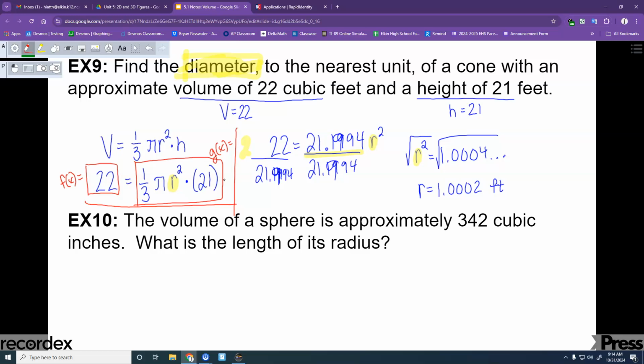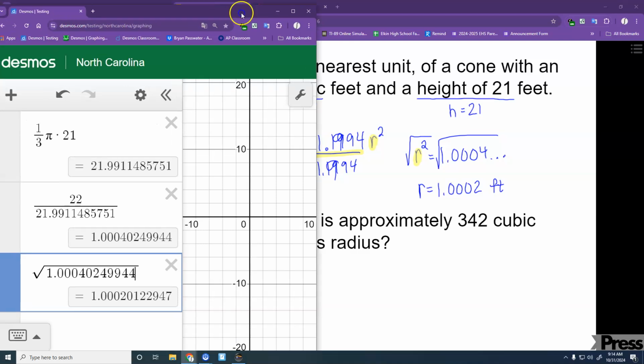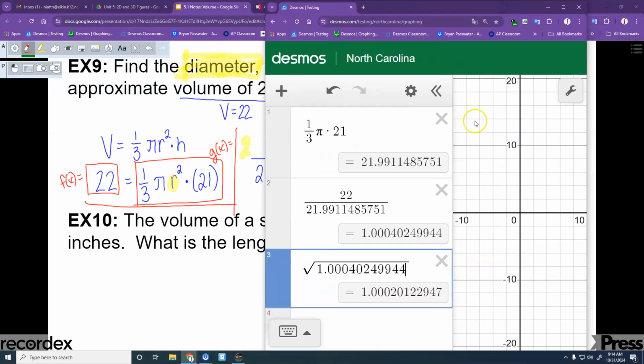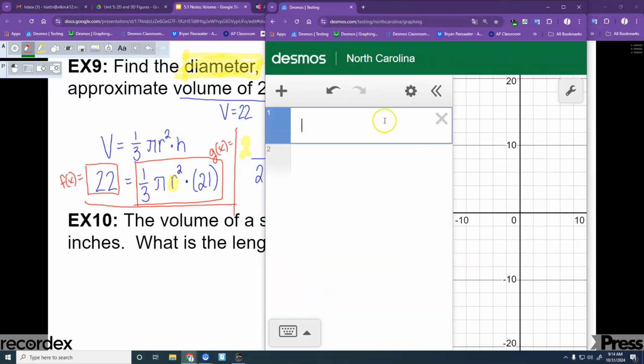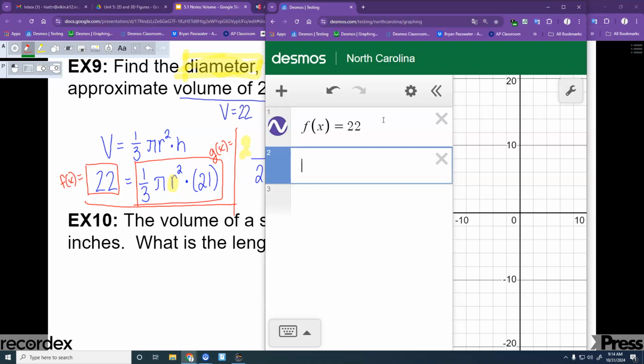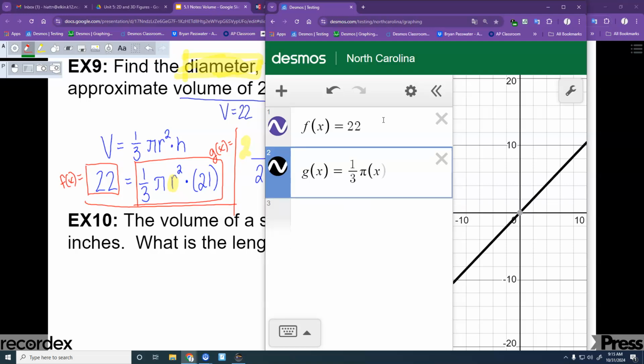So if I lost you on that, you could. Now, sometimes the graphs on these are crazy and the numbers are big, so sometimes it's not the best way to do it. But if you're stuck and don't have anything else, instead of radius, we want to use x.